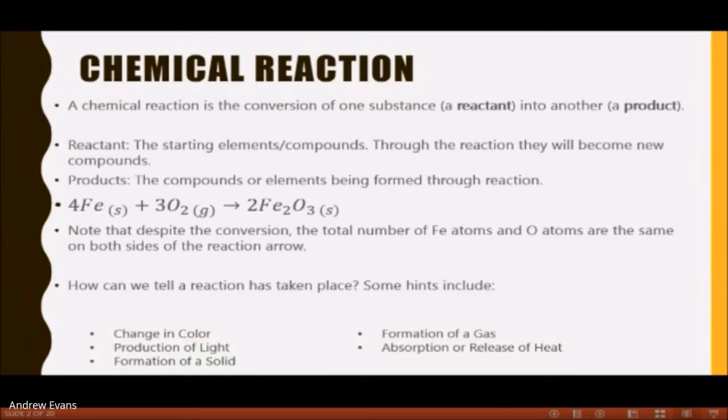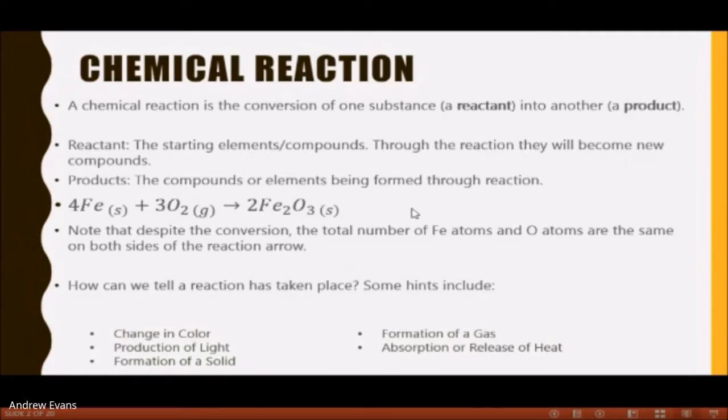So right now I'm showing the reaction going iron plus oxygen goes to iron(III) oxide, but I could draw it the other way around where iron(III) oxide goes to iron and oxygen. Now, despite this conversion, you should notice the total amount of iron on left and right are the same, and the total amounts of oxygen are the same.